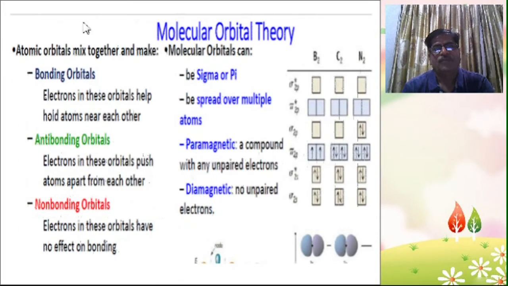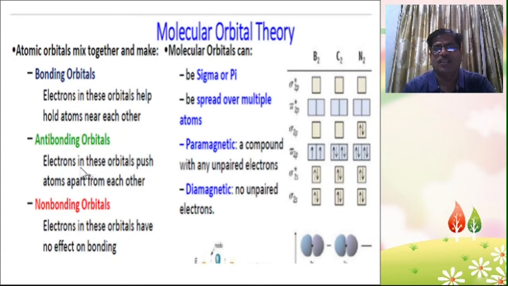Now, atomic orbitals mix together to form molecular orbitals. So, what are bonding orbitals? Electrons in these orbitals help hold atoms nearer to each other.